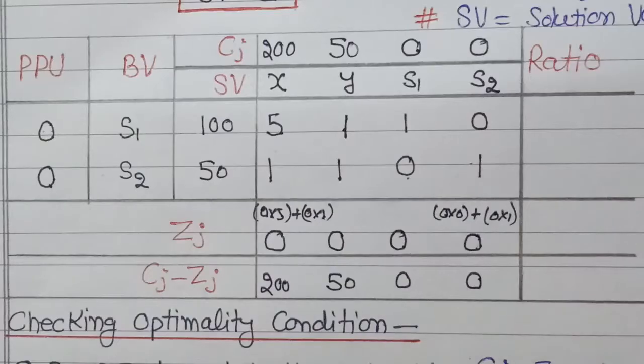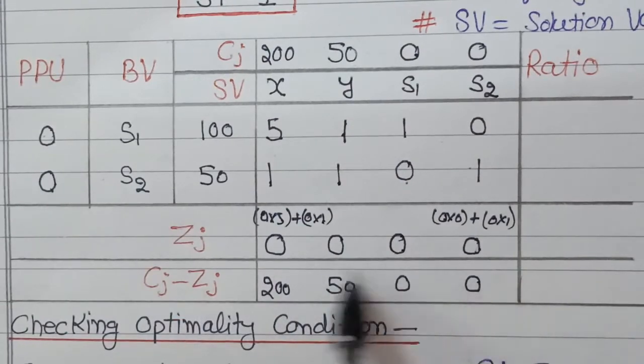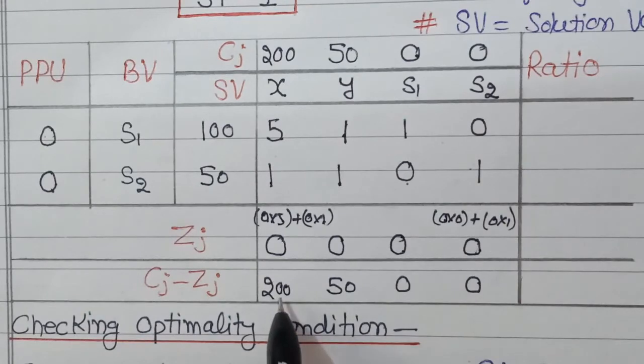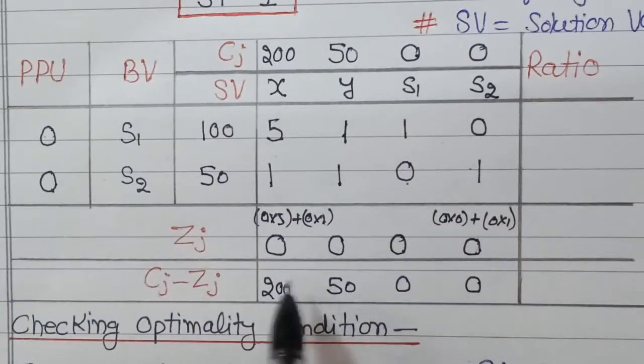But if you check the value of Cj minus Zj here, you will see that not all values are equal to or less than 0. So we do not have an optimal solution for this table. Here you will see that we have two positive values, so we have to proceed to the next step.